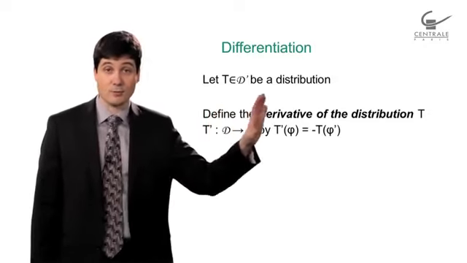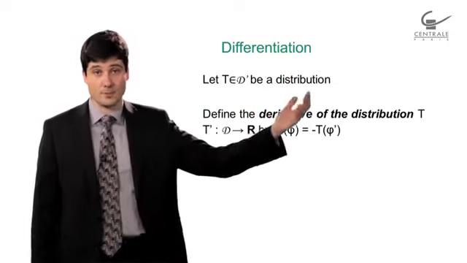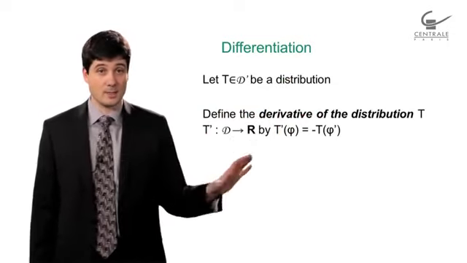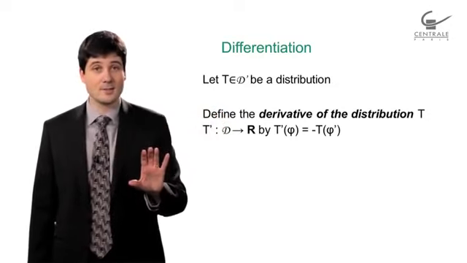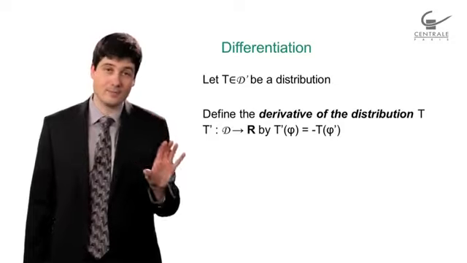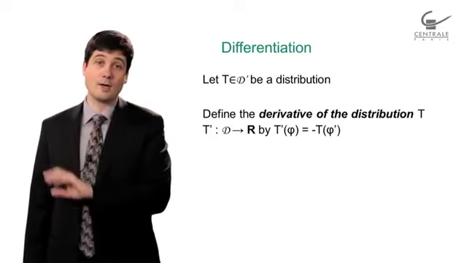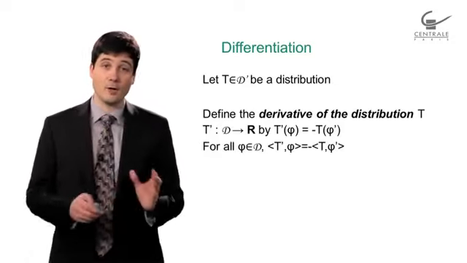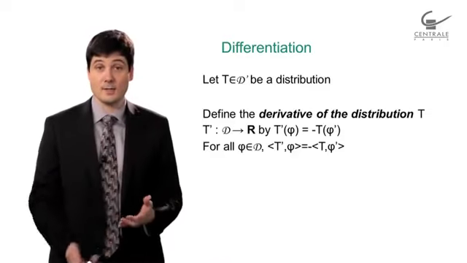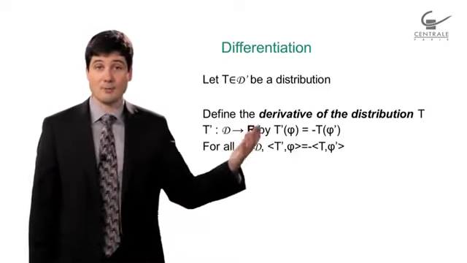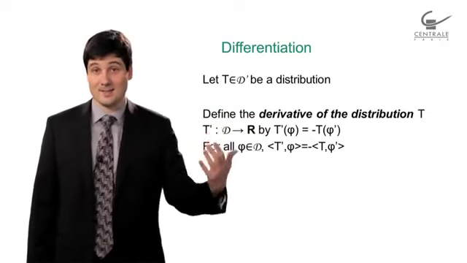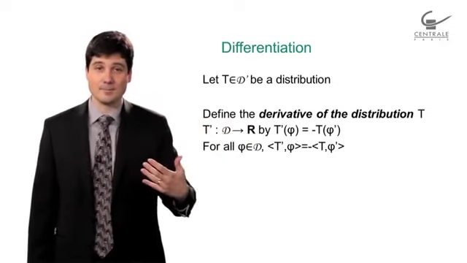The derivative T prime of the distribution T will be the function going from D to R, such that T prime of phi is equal to negative T of phi prime, for all phi in D. We can denote it this way: bracket T prime, phi equals negative bracket T, phi prime.